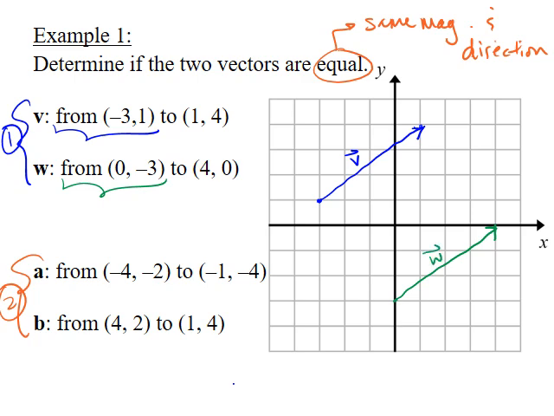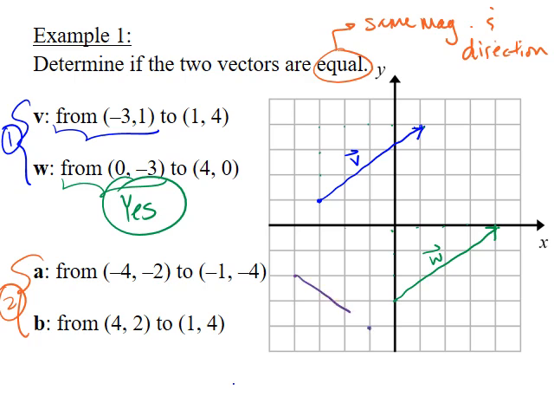And looking at this, these vectors do have the same magnitude. You can check the rise over run, rise, run, rise, run, and see that they have the same magnitude and same direction. So yes, these two are equal. Let's do the same thing for the next set. From -4, -2, which is here, to -1, -4.